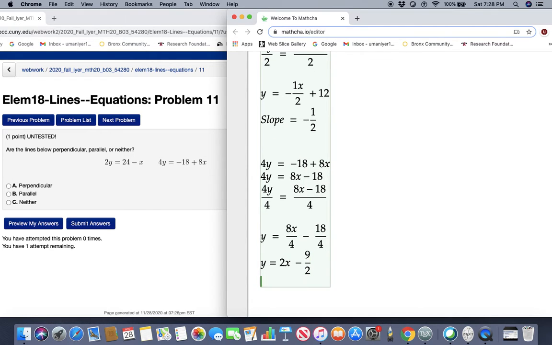All right, so the slope of this second line is positive 2. Notice positive 2 can be rewritten as positive 2 over 1. So that is negative 1/2. This is positive 2 over 1. So these are opposite. You see, one is negative, the other is positive, and reciprocals, 1 over 2, 2 over 1. In other words, these are perpendicular lines.